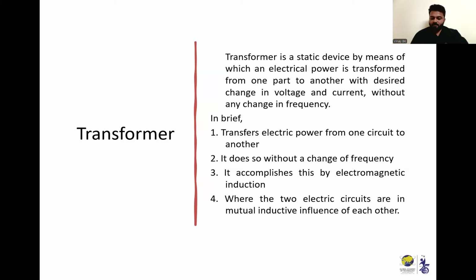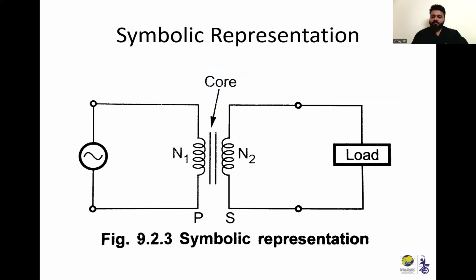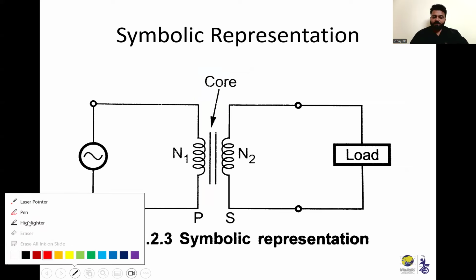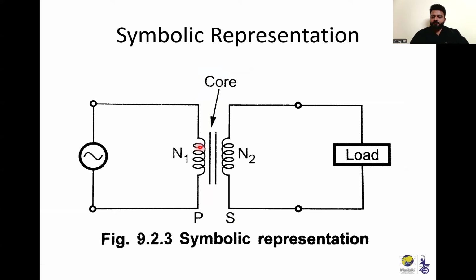Before that, you can see the symbolic representation of a transformer. Here you can see two coils, which we call windings. One winding has a number of turns N1 and the other has a number of turns N2.